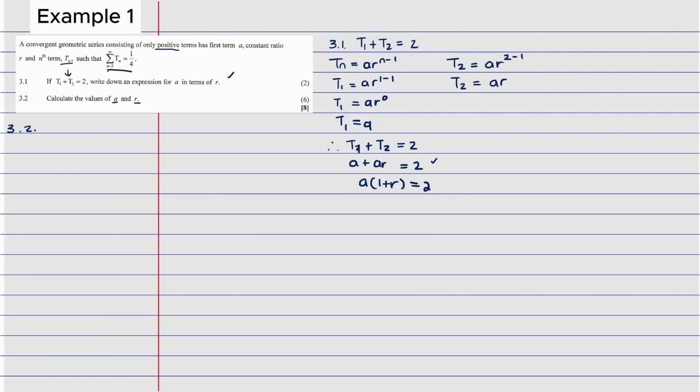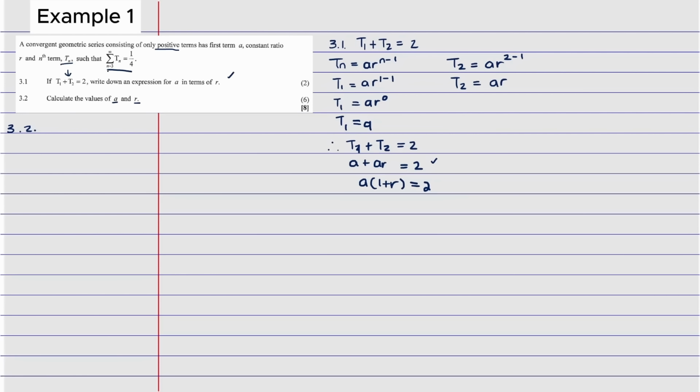We can't have any missing terms. So the sum to infinity is equal to T1 plus T2 plus T3 plus T4, continuing to infinity. That is the sum to infinity. It's the sum starting from T1 going to infinity.